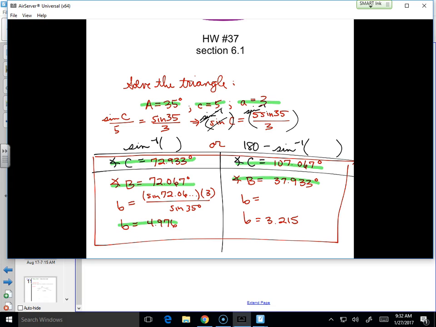What was it? 3.215 is what you got on the other side. Double check that it's right, which should have been sine of 37.933 times 3 over sine of 35. Yeah? Cool. Nathan says yes.